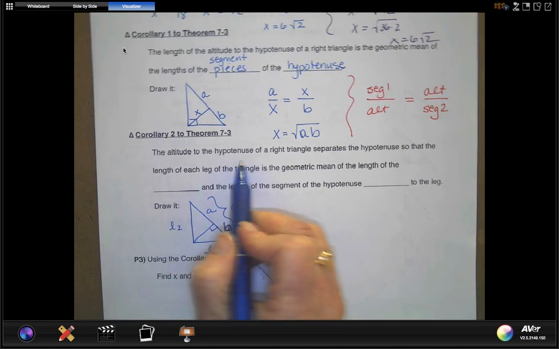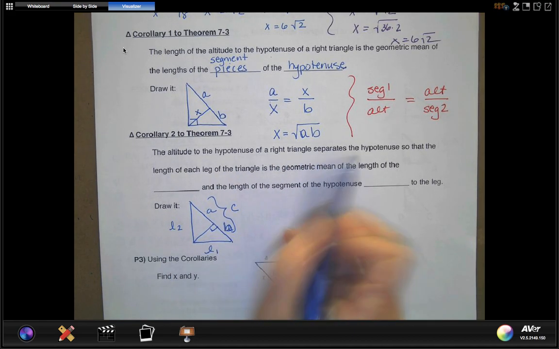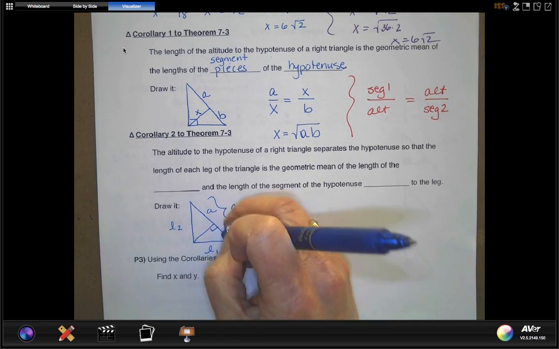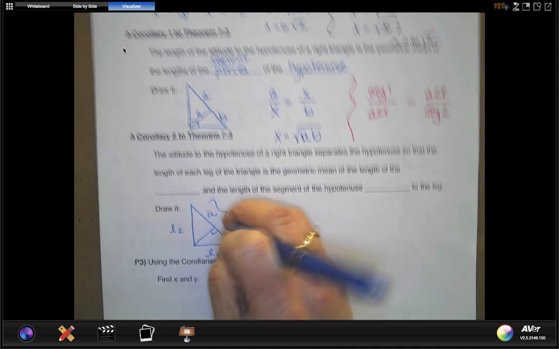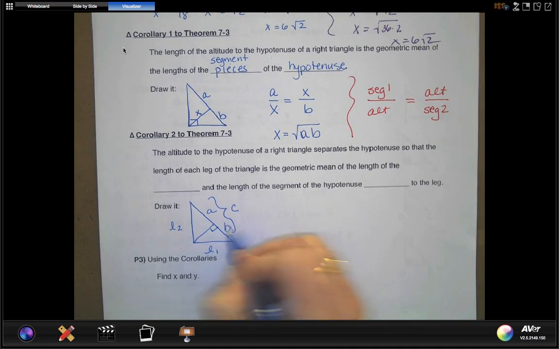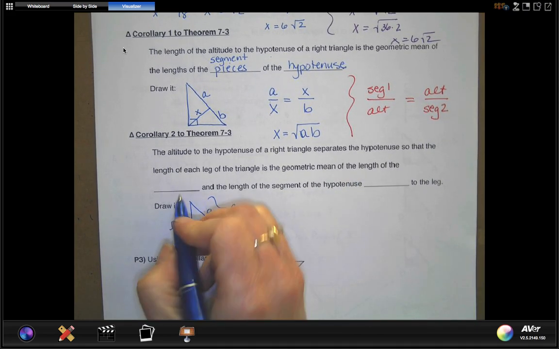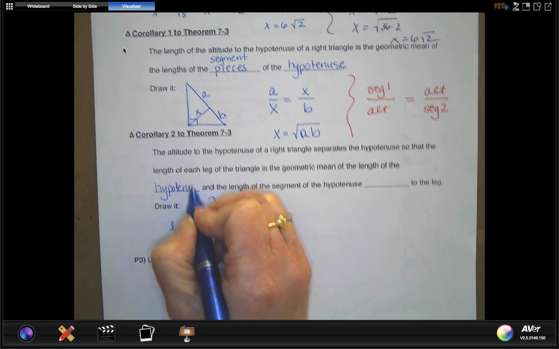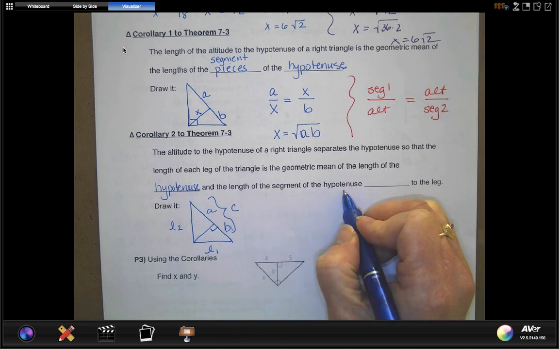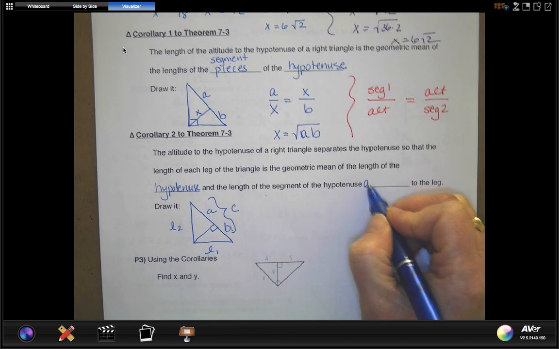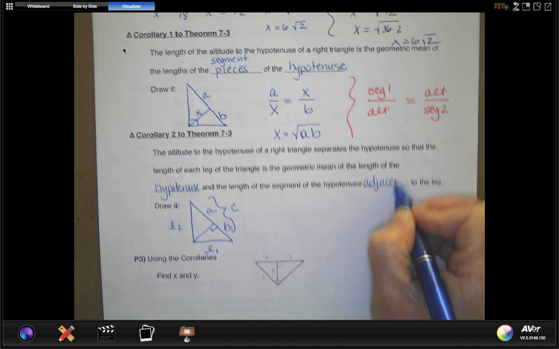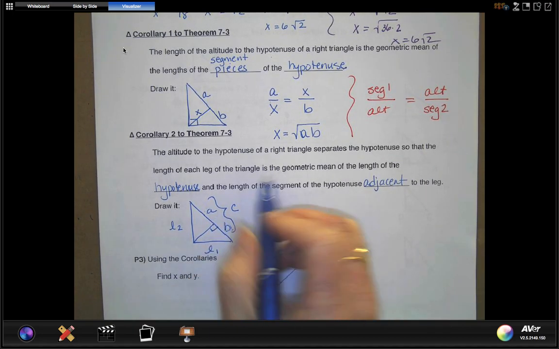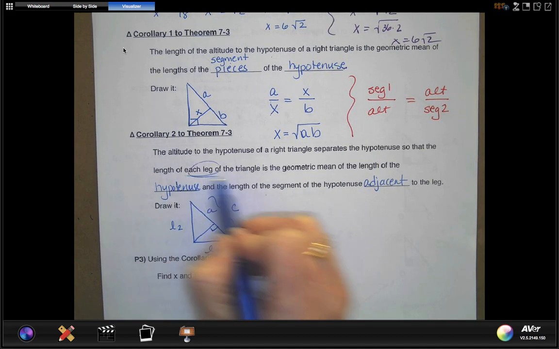The altitude of the hypotenuse of a right triangle separates the hypotenuse so that the length of each leg of the triangle is the geometric mean of the length of the hypotenuse and the length of the segment of the hypotenuse adjacent to the leg.